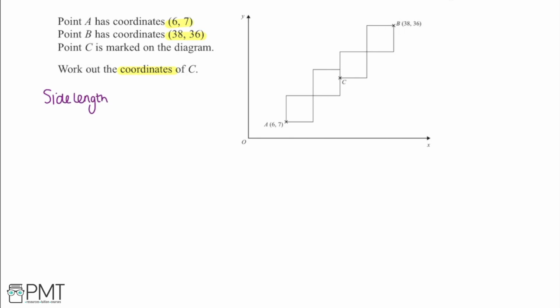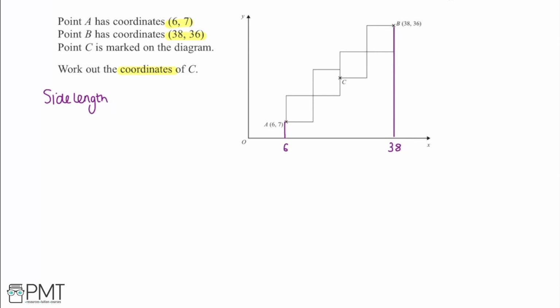If we look across the x-axis, point A rests here at 6, and then point B, we trace that down, we're going to be at the x-coordinate 38. Now in between A and B, if we go across the x-axis, we have 4 complete side lengths of this square. So if we take the difference between these x-coordinates and divide it by 4, we're going to get the side length of 1 square.